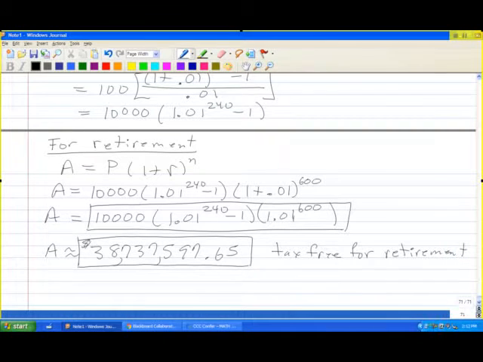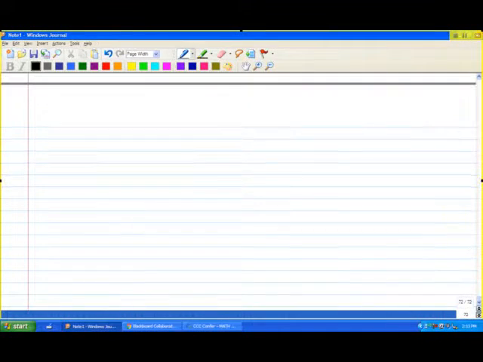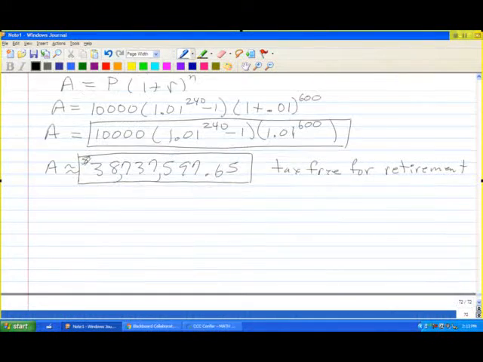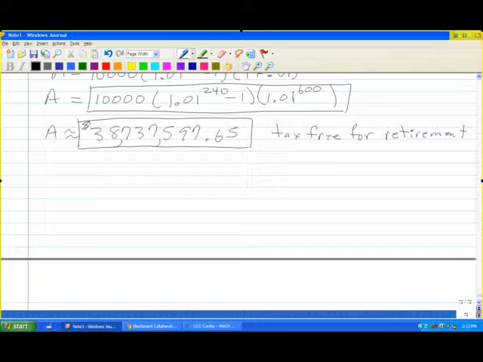And obviously, if you start early, it's easy to have a sufficient amount to retire with. If you start late, then obviously it's going to be much more difficult. If you start early, then you have to invest almost nothing.